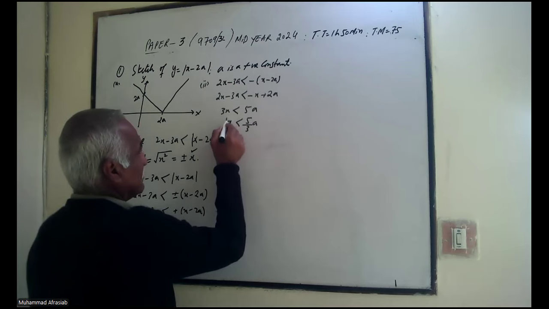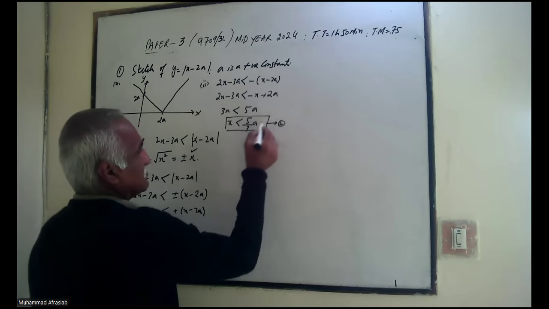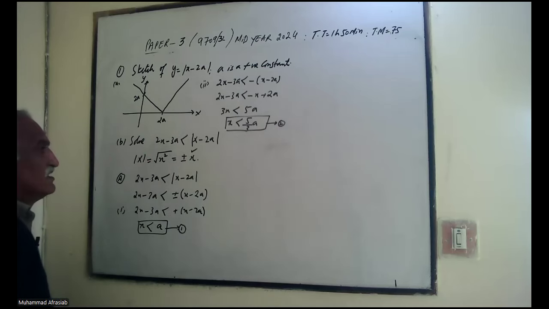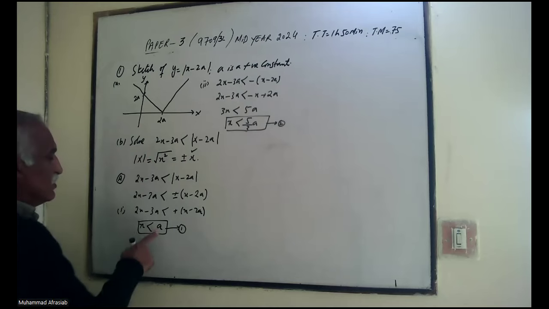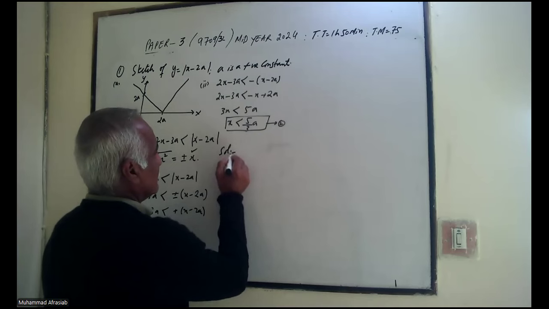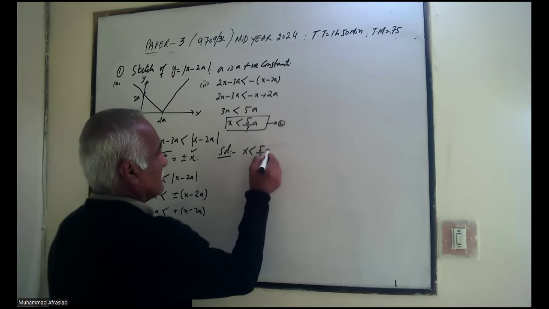Let's say that is the second answer. So x is less than a and x is less than 5 over 3a, since a is less than 5 over 3a. So the solution of this problem is x is less than 5 over 3a.